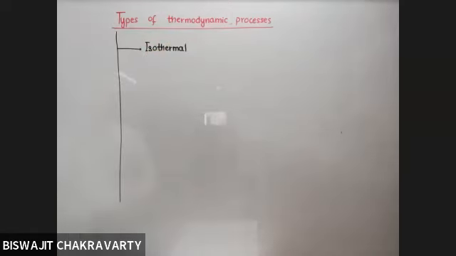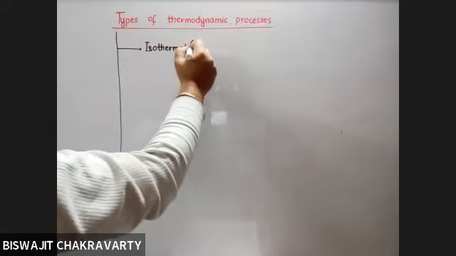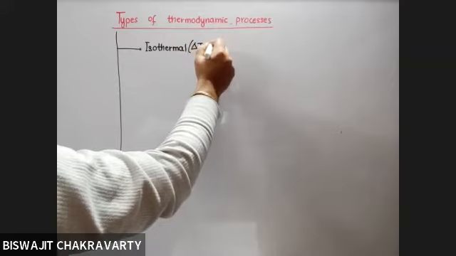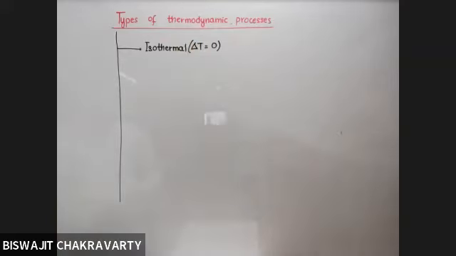Isothermal process. Now, if you carry out any process keeping the temperature constant, so that there is no change in the temperature all through, then the process will be called isothermal process. Most of the chemical reactions which need to be maintained at a particular temperature are referred to as isothermal process.